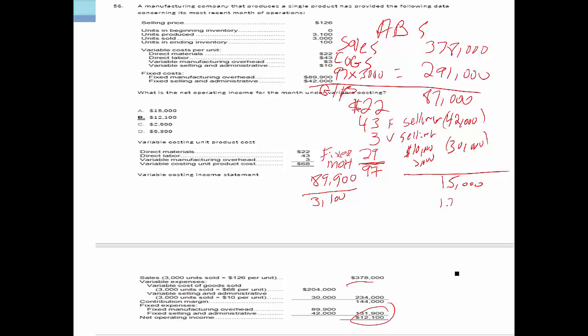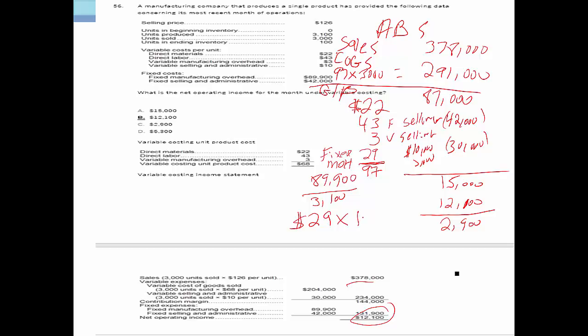So 12,100 minus 15,000 is going to be 2,900. 2,900, and that 2,900 is what? Is the $29 per unit times what?